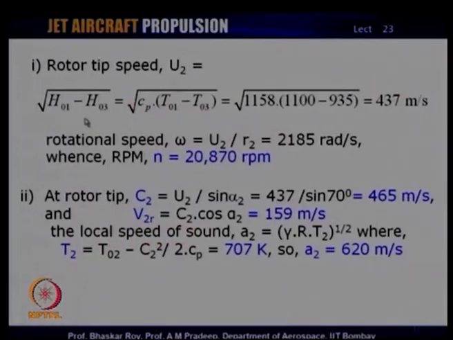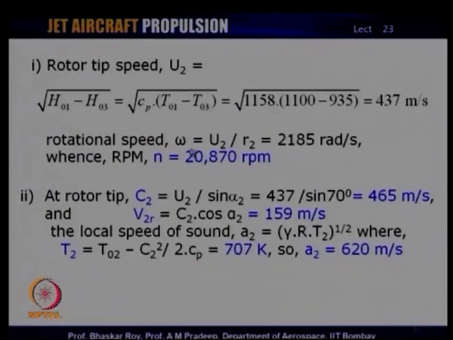The rotor tip speed can be simply found by using the isentropic laws, and that tells us that if you use the enthalpy drop, you get a rotor tip speed of 437 meters per second.